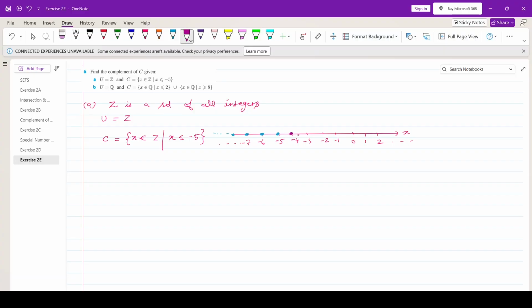So this will be complement of C, where we know this is C. So we can write complement of C is a set of all x such that x is an integer greater than -5. This is our answer.